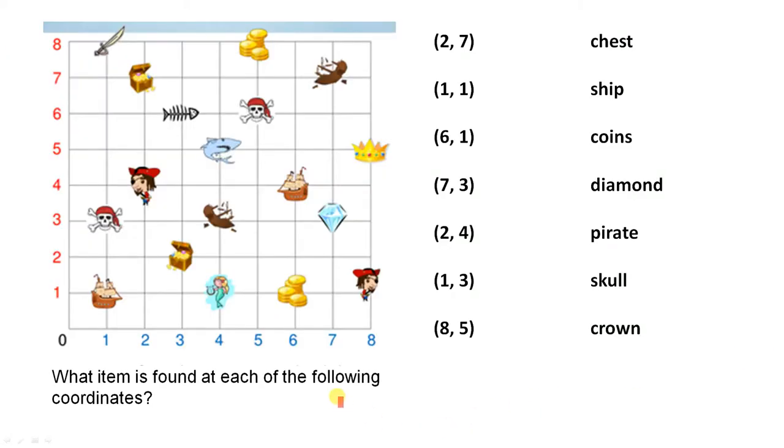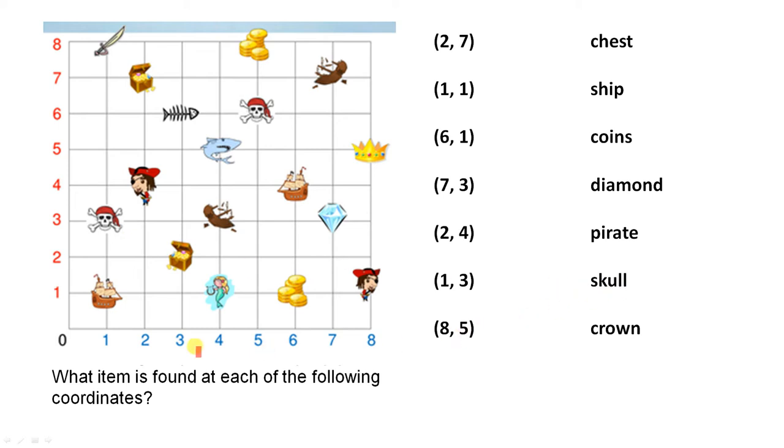What item is found at each of the following coordinates? 2, 7 is the chest. 1, 1 is the ship. 6, 1, the coins. 7, 3, the diamond. 2, 4, the pirate. 1, 3 is the skull.